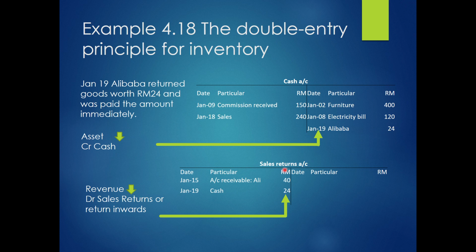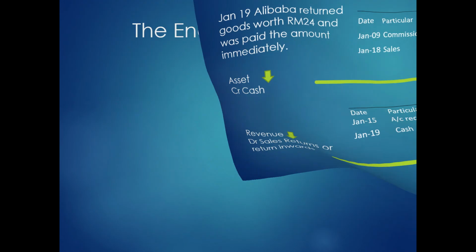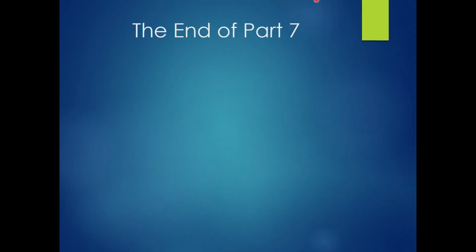And in sales return account, the entry was made in debit side since the revenue is decreased by 24 ringgit due to cash returned to Alibaba, right? On 19th January. That's the end of part 7.